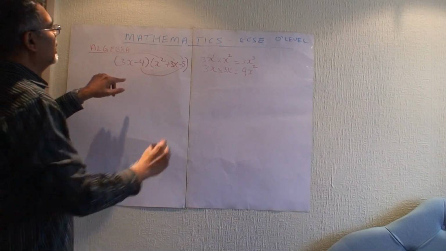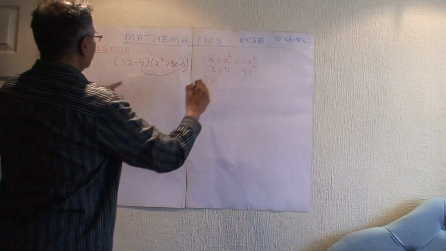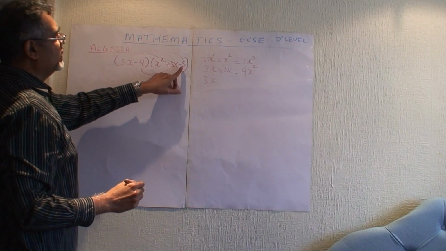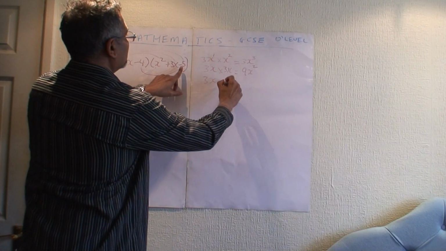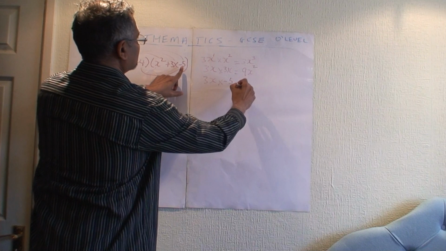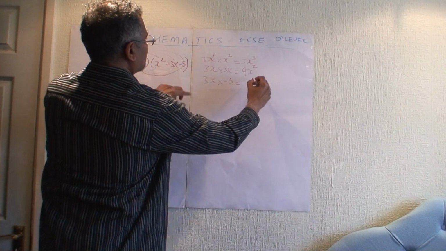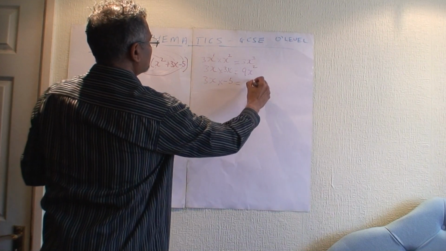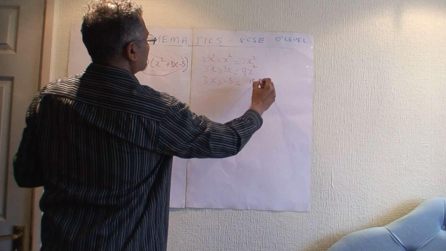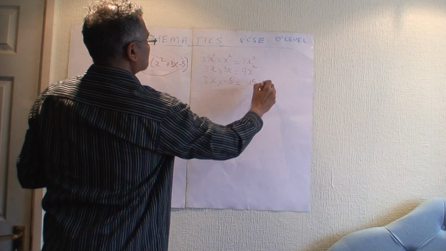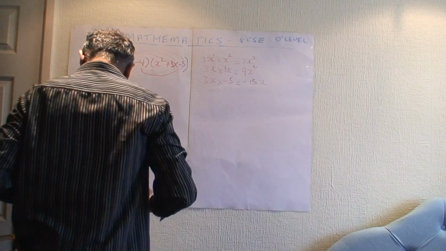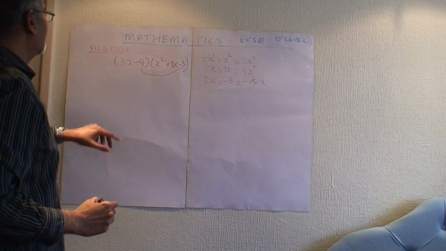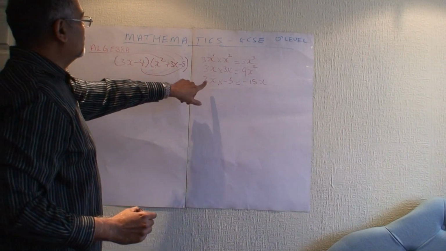The 3x here, don't forget to multiply by negative 5. 3 multiplied by 5 is 15, so negative 15x. So that's one part.